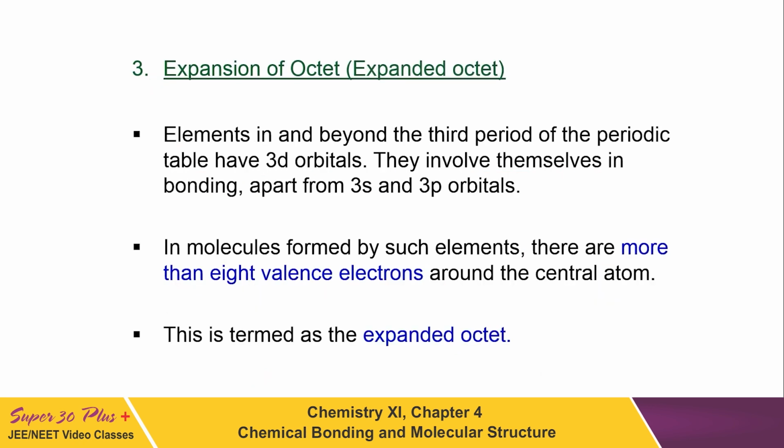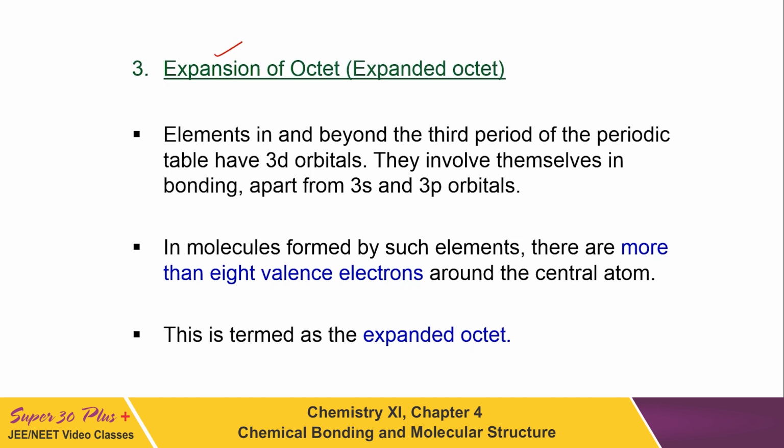Another exception of the octet rule is the expansion of octet. So what do you mean by expansion, students? Yes, again you are guessing it right. Very good. Expansion means more.